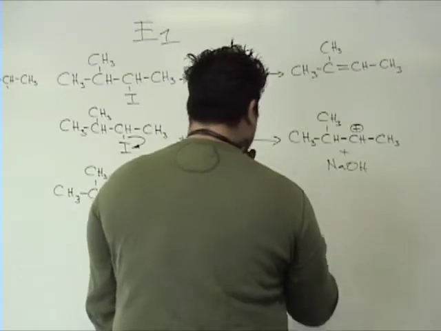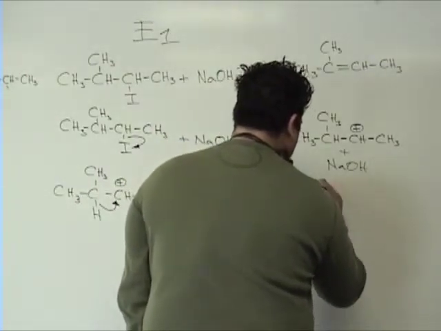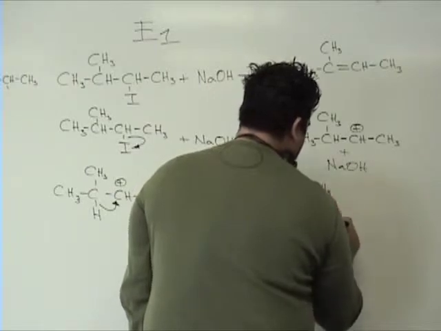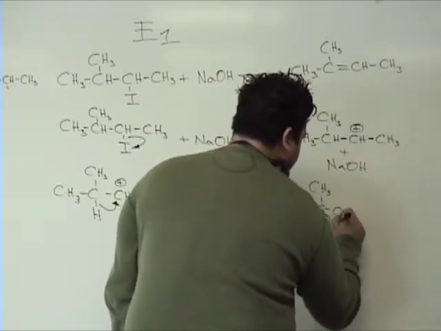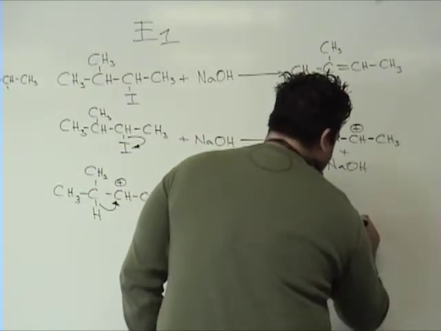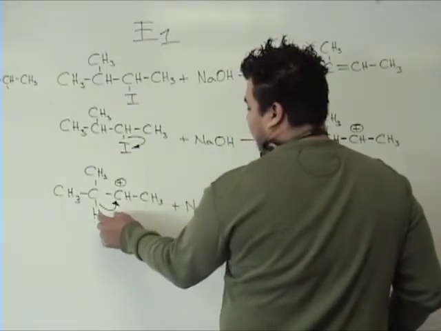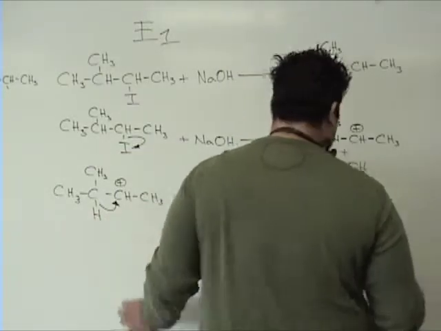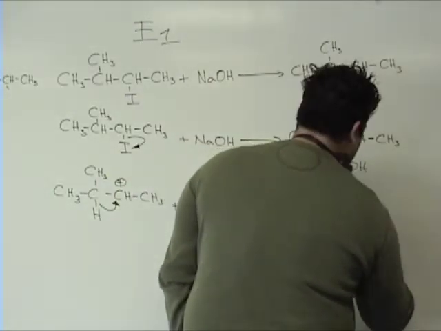So the result will be our carbocation right here, empty orbital, CH2, because of the hydride, it already has one hydrogen, and then the hydride is going to come, so we get a CH2, and then CH3.